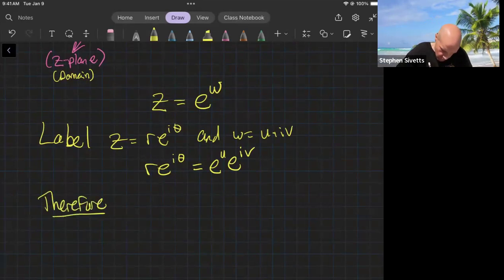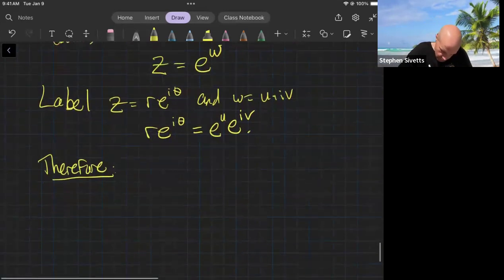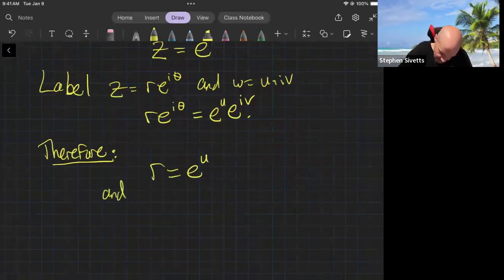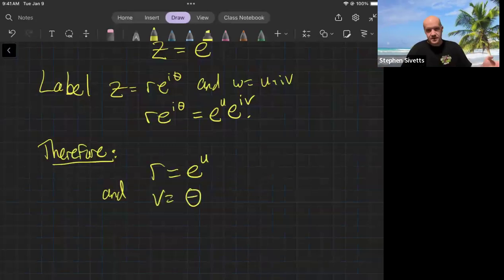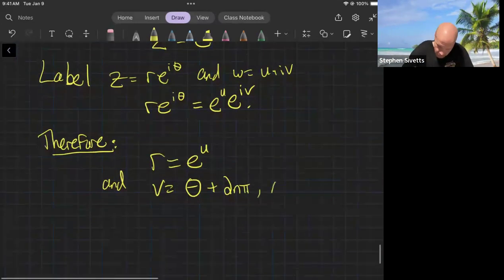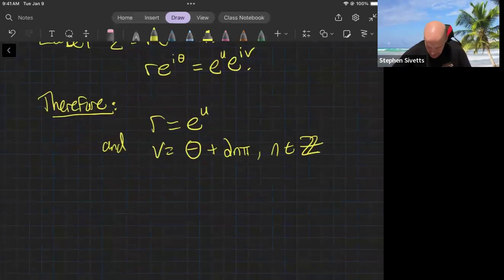Therefore, we'll have this set of equations here: r equals e to the u, and v is equal to theta. And since cosine and sine of theta are periodic, if I add a multiple of 2 pi, we would get the same result, right? So n is an integer here, okay?